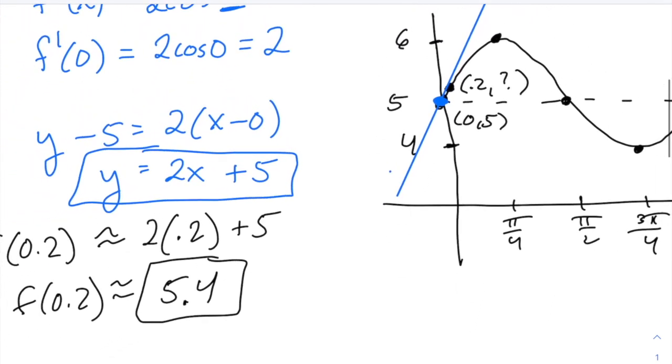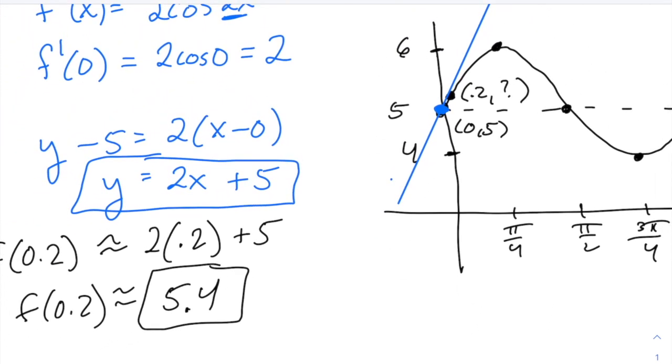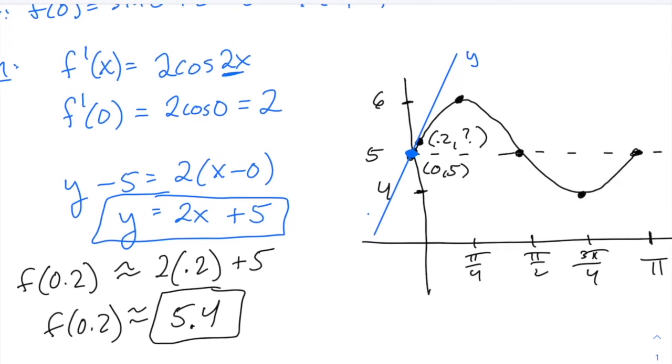And when I plug 0.2 into that tangent line's equation, y equals 2x plus 5, with a y-intercept of 5 and a slope of 2, I'm getting the y-coordinate on the line. But you see how close that is to the curve, that's why it's probably a decent estimate.